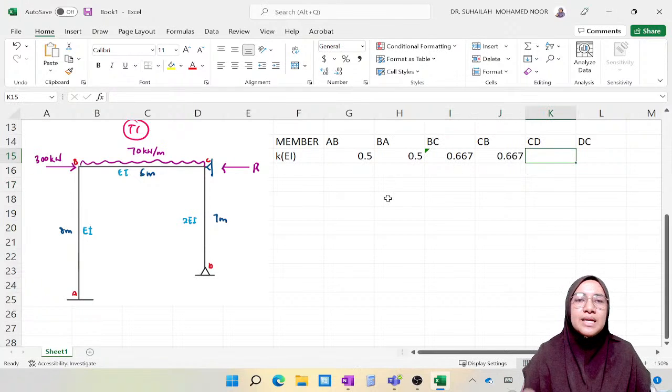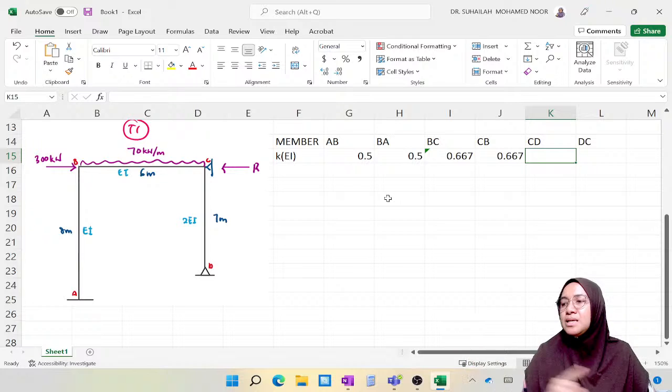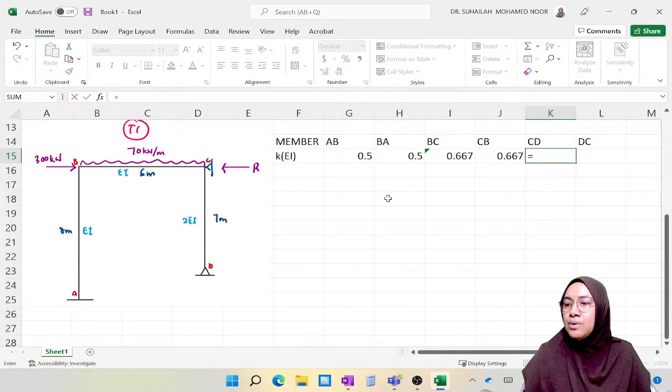CD, DC. D is actually the far end, and far end is pin.